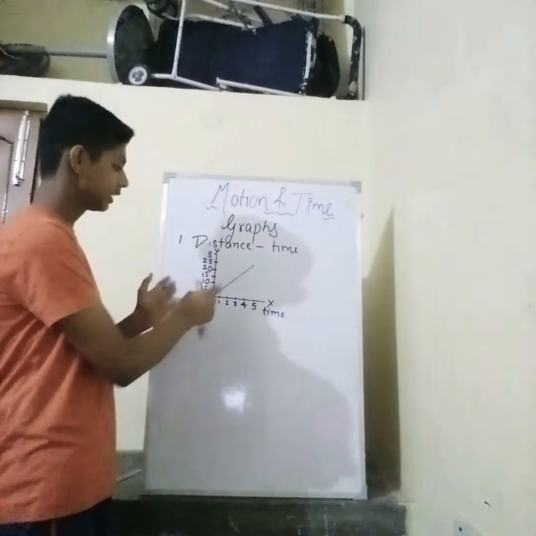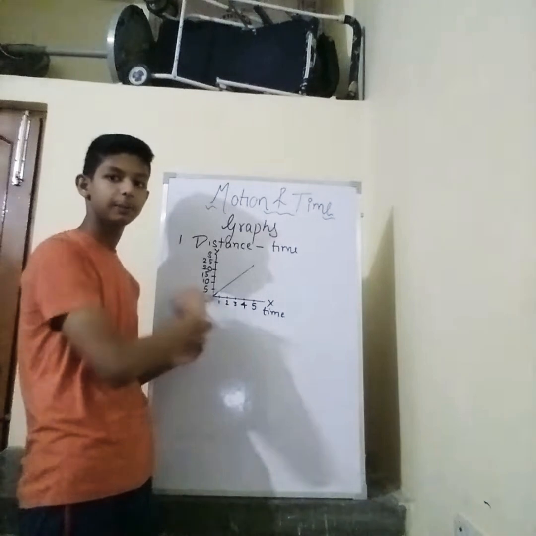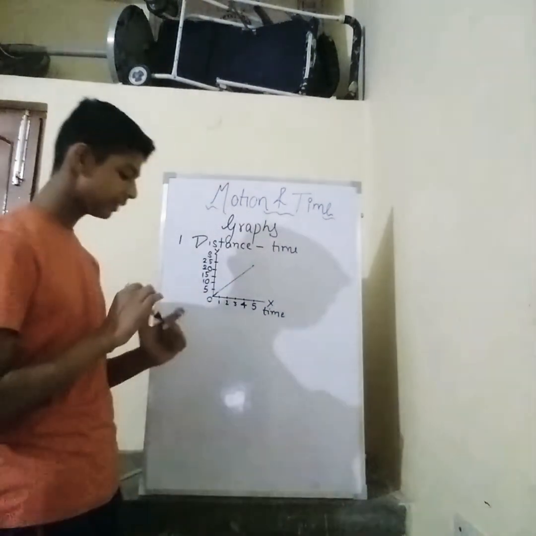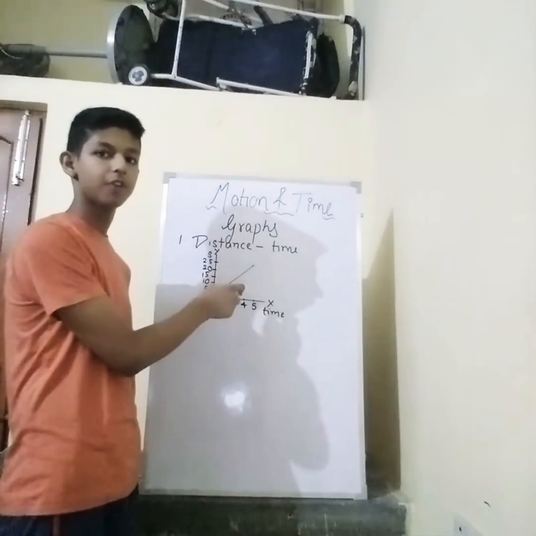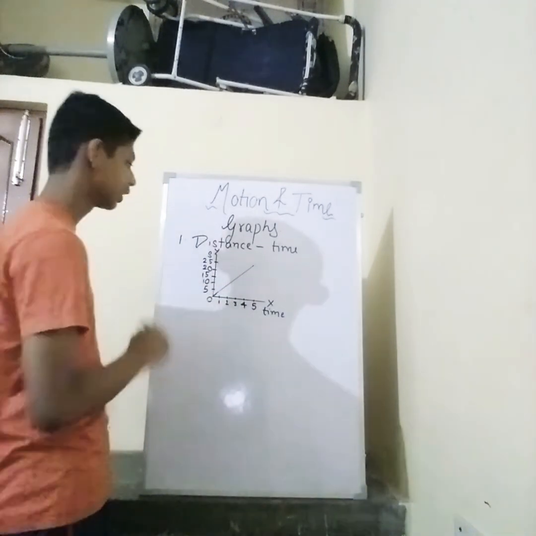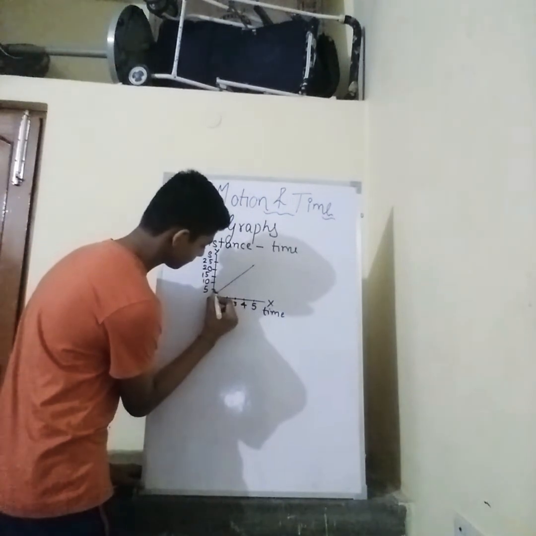If the slope of the distance time graph is a straight line like this, then if we calculate its speed, it will be uniform speed. It means the object is moving with uniform speed in the whole journey. I am calculating, this will be the proof.